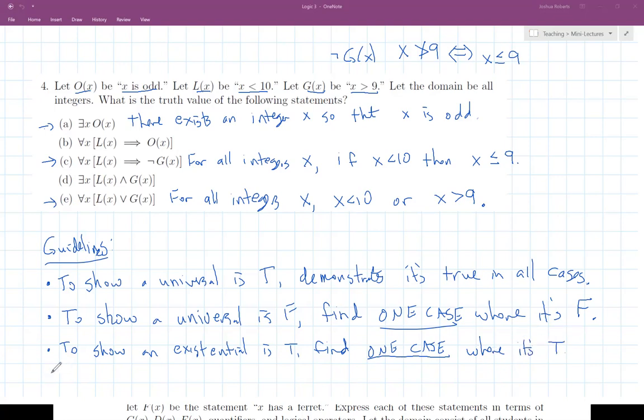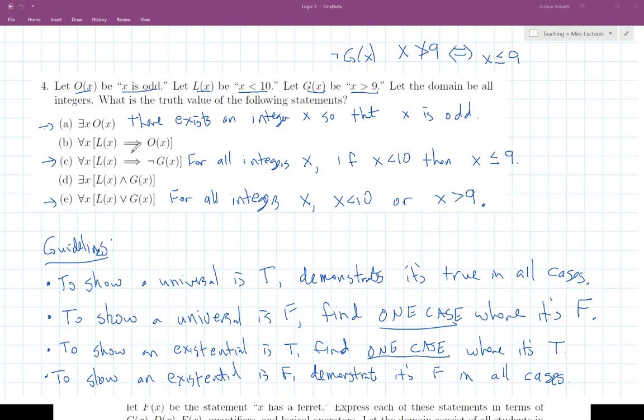But to show an existential is false, you have to demonstrate it's false in all cases. Because remember, an existential is saying there exists something that satisfies this condition. Well, that's only going to fail to be true if it fails in every single case. So keep these guidelines in mind whenever you're doing these problems.